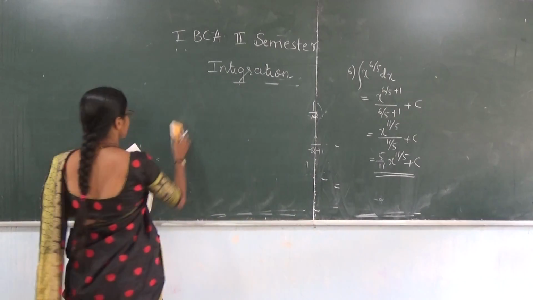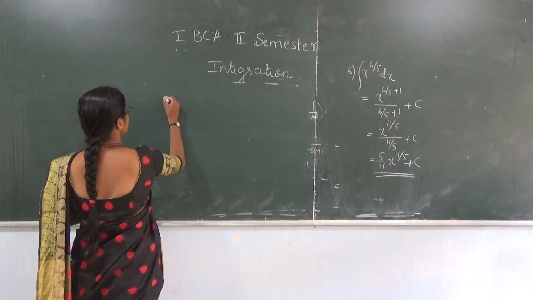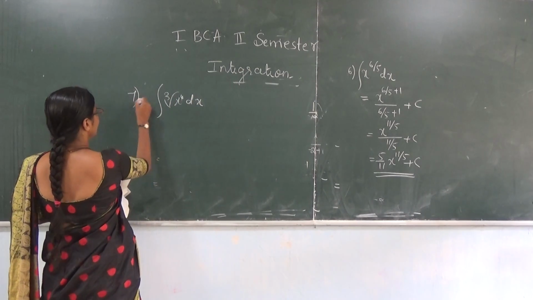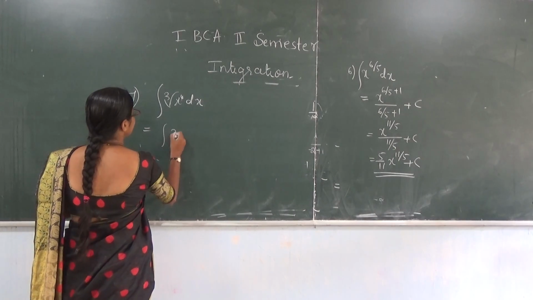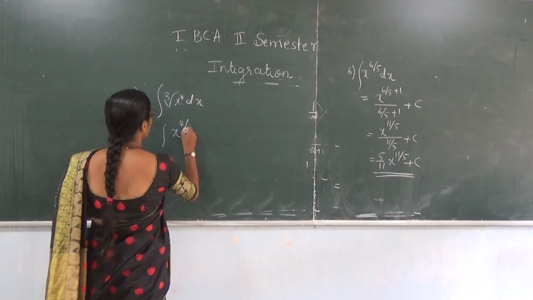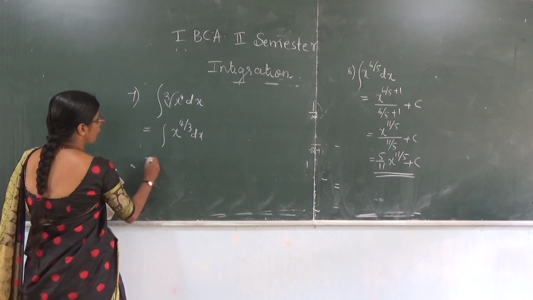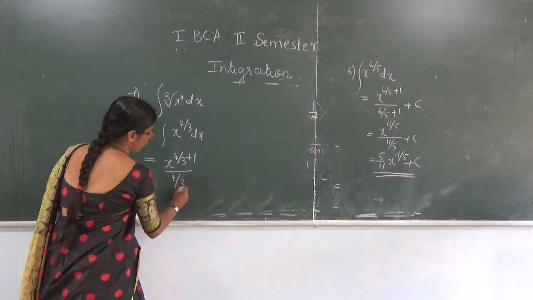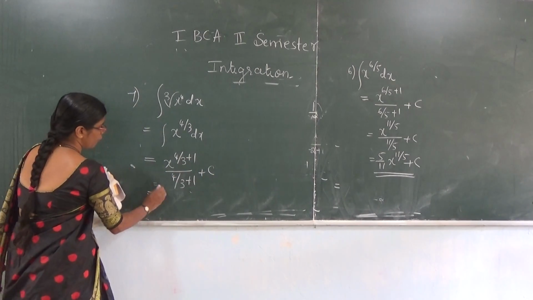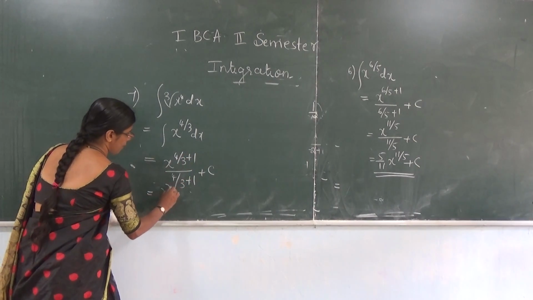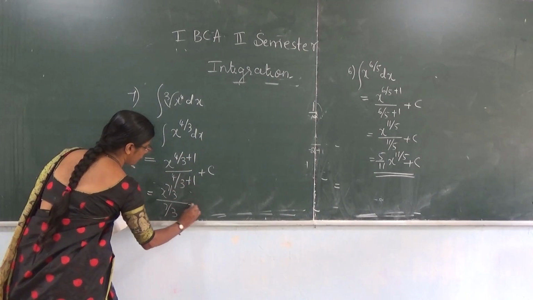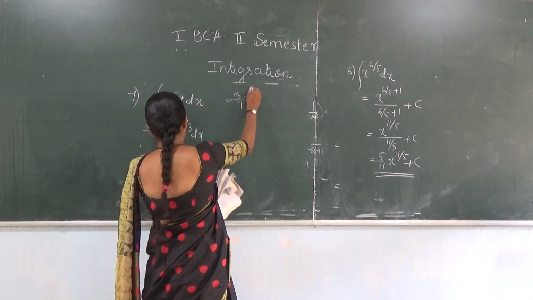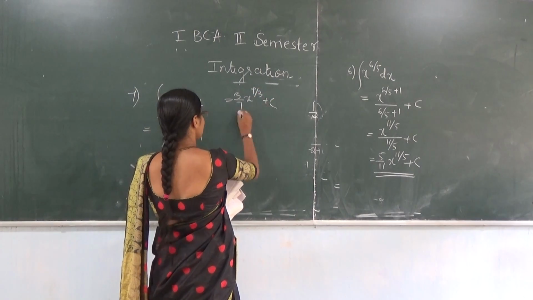This can be taken as integral of x to the power 4 by 3, which is x to the power 4 by 3 plus 1 divided by 4 by 3 plus 1. 3 plus 4 is 7, so 7 by 3 divided by 7 by 3. So that is taken as 3 by 7 x to the power 7 by 3 plus c.